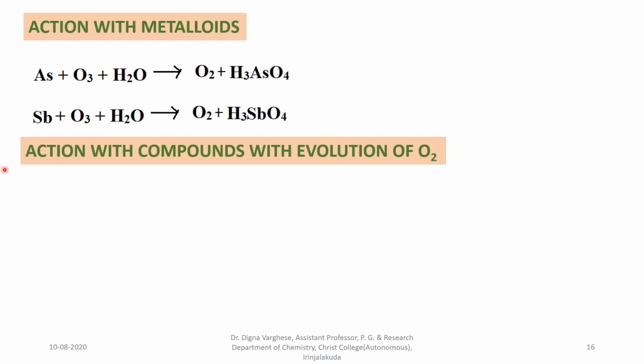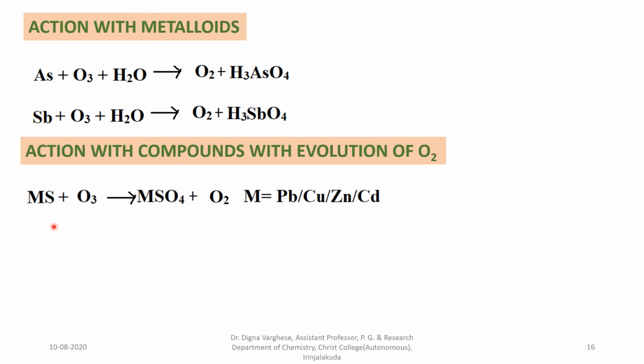Next reaction is action with compounds with the evolution of oxygen. Ozone oxidizes copper sulfide, zinc sulfide and cadmium sulfide to the corresponding sulfates. That is, metal sulfides react with ozone to give the corresponding metal sulfates and the evolution of oxygen.